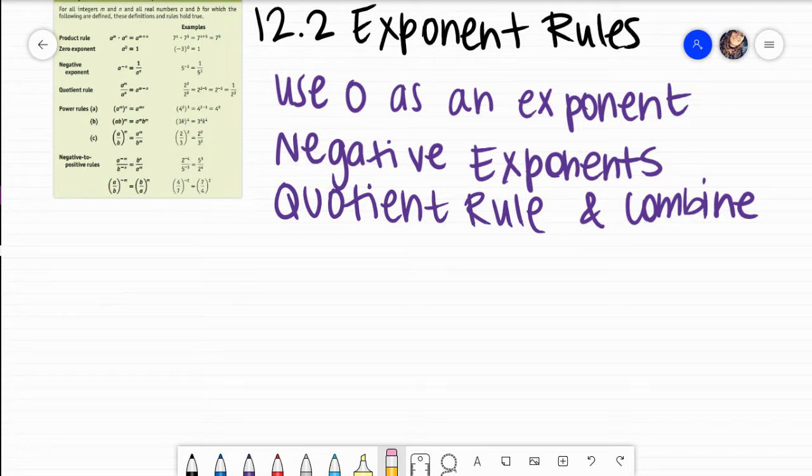I don't have my calculator near me, so I'll probably need to find that to do it. But what I mean also by combine is a problem could actually use all of these different rules that we've learned, and also the rules that we learned previously with our 12.1 videos, which are going to be the other exponent rules. Okay, so I am going to get started.